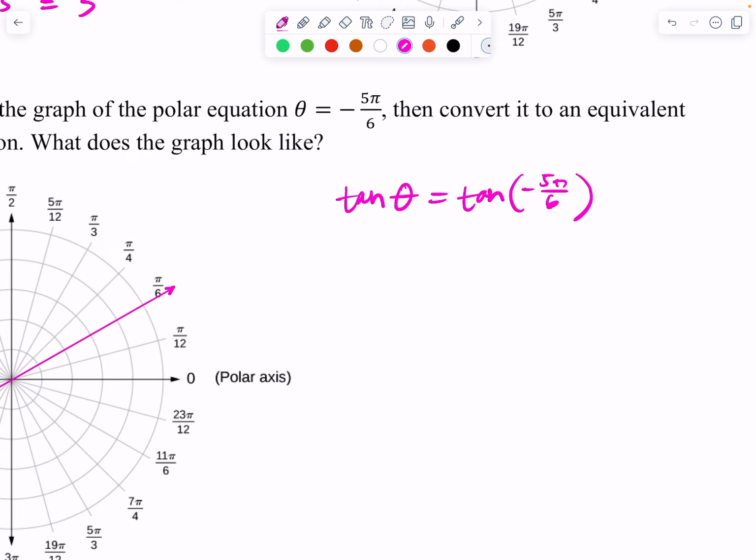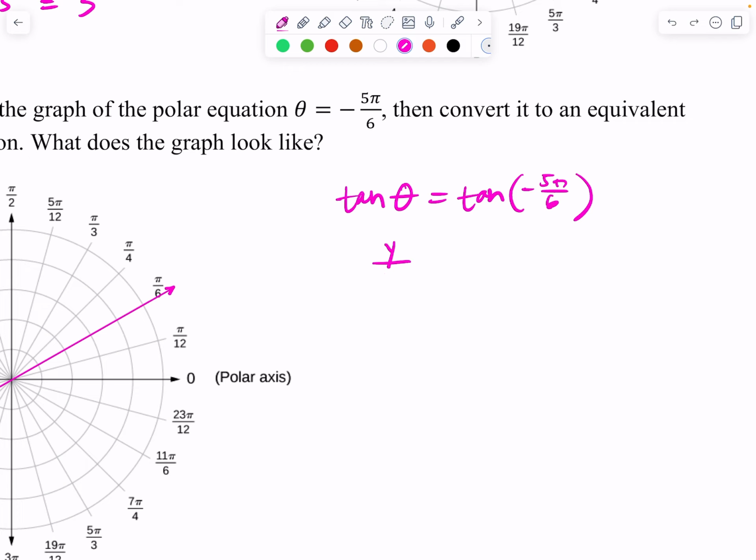So it's most efficient to take the tangent of each side of the equation, because tangent of theta is equal to the ratio y over x, whereas sine of theta would be y over r. We'd have to think about eliminating the r then.